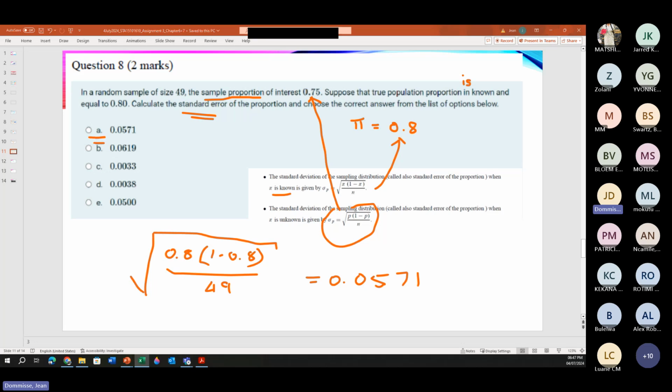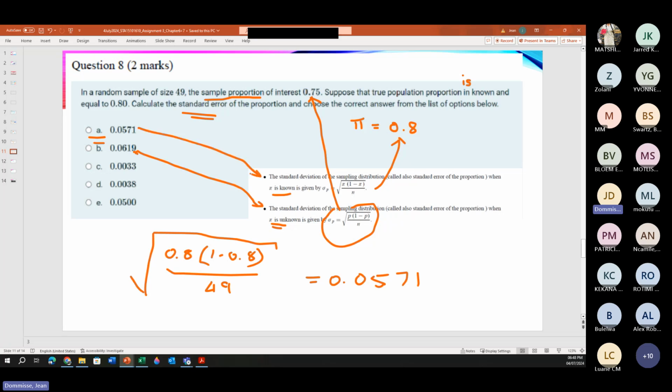If we used the 0.75, we would have gotten 0.0619. If we worked out where it is unknown, that would have been the answer.